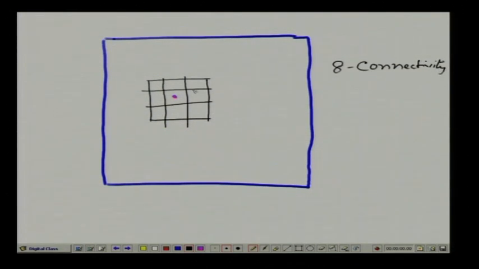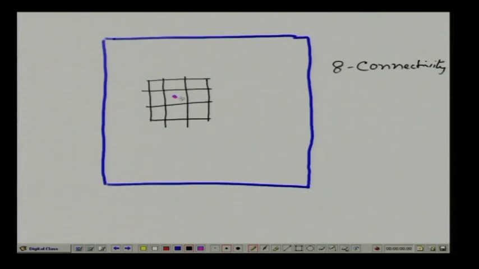in that case the points which are to be grouped in the same group as the seed point, they must belong to this 3 by 3 neighborhood of this particular seed point. So, effectively what I am doing is, once I choose a seed point, I check the points in its 3 by 3 neighborhood and all the points which I find are similar to this seed point, those points are put in the same group.